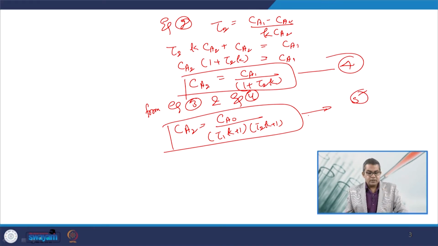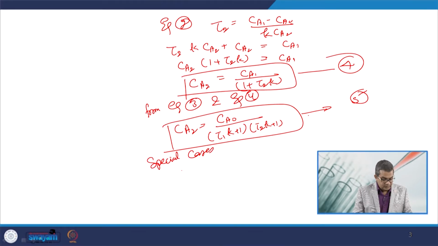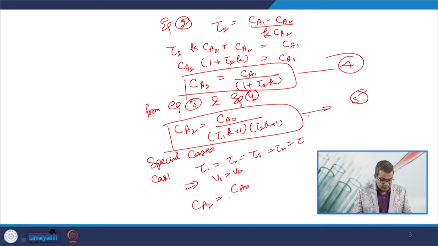Now sometimes we may take some special cases. These special cases are referred to as case 1. In case 1, if tau 1 is equal to tau 2, equal to tau i, equal to tau n, let us say tau, and V1 is equal to V2, then Ca2 will become Ca naught upon 1 plus tau K whole square.